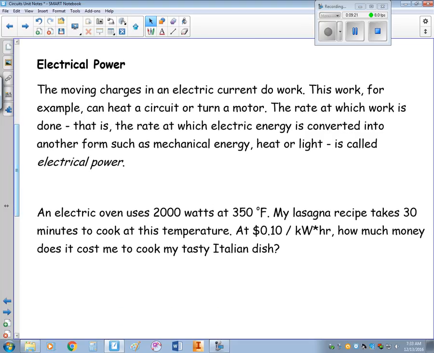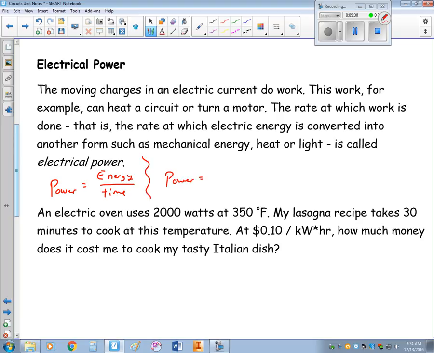Now normally power is energy over time. The way we're going to calculate it is to say that power equals current times voltage, or P equals I times V.